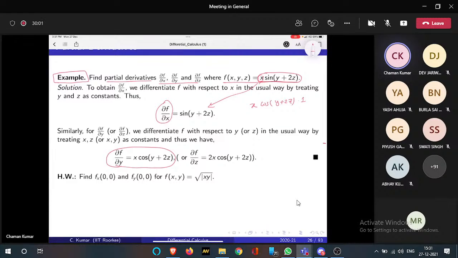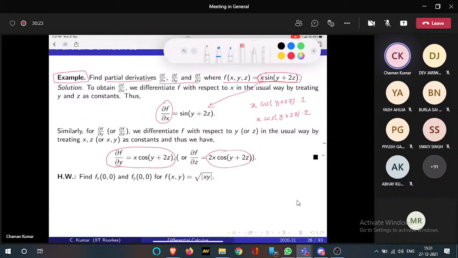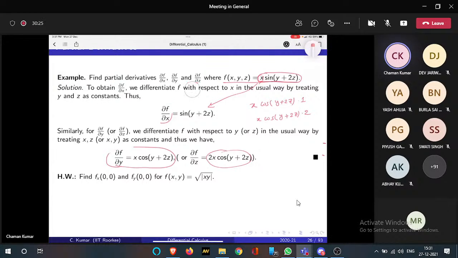Similarly, the derivative with respect to z will be x cos(y plus 2z), and the derivative of y plus 2z will be 2. So you have 2x cos(y plus 2z) here. This is an example where we have a function of 3 variables.